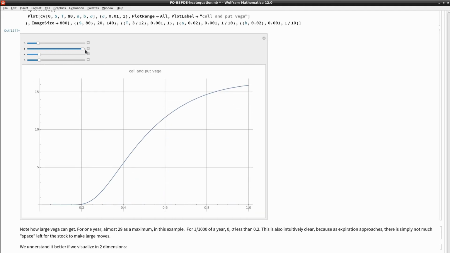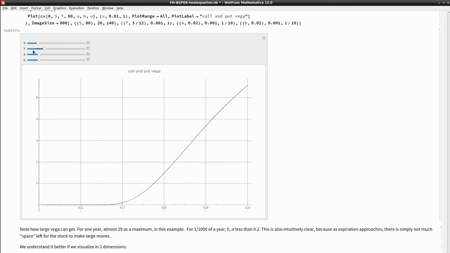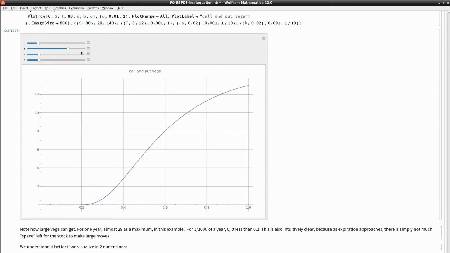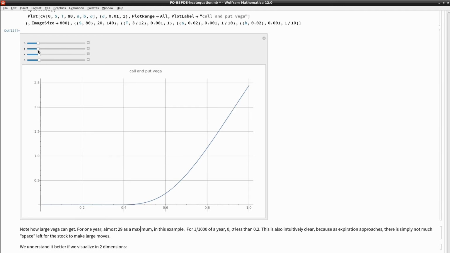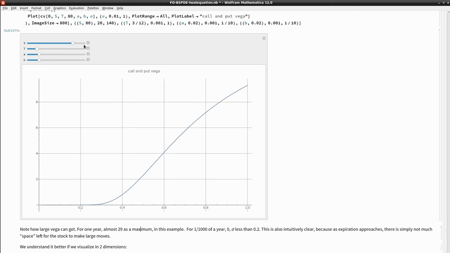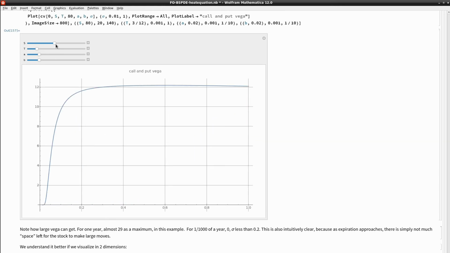So Vega itself is very sensitive with respect to stock price and time, and Vega itself then is a large number. All right, so very important for options traders to look at. Volatility is a very important determinant. These are high numbers here on the y-axis.